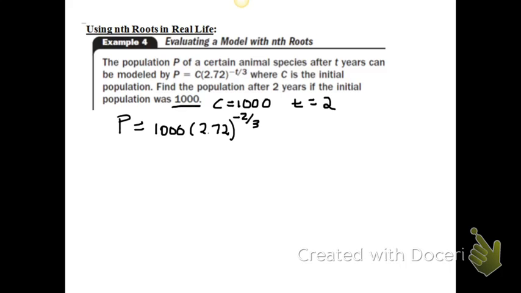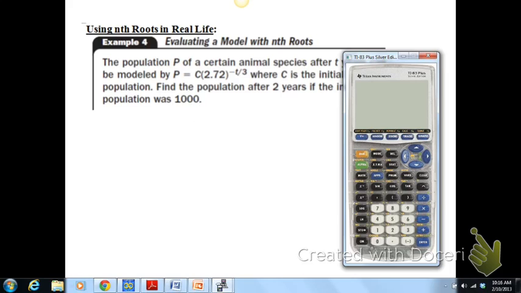In order to do this, I would just use my calculator and plug everything in exactly as you see it. So we have to put in 1,000, and then times 2.72, and then we have to raise that to the negative 2/3 power.